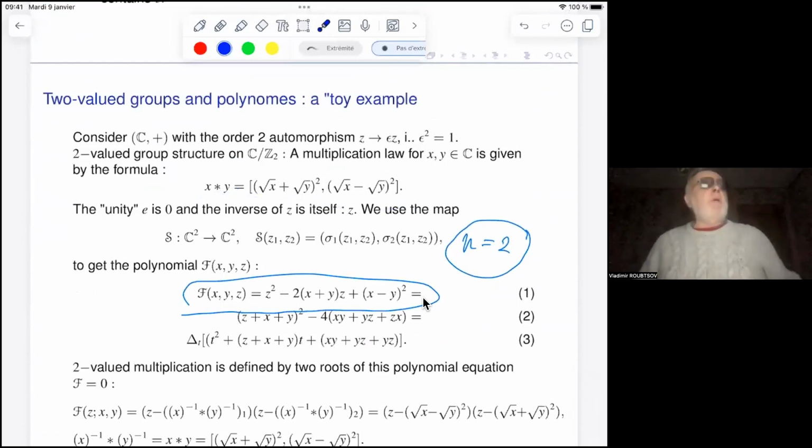Next time, maybe in the New Year, I will tell you how this polynomial appeared in a very interesting subject of Landau discriminant singularities in various problems of amplitude scattering, in computations of Feynman integrals.